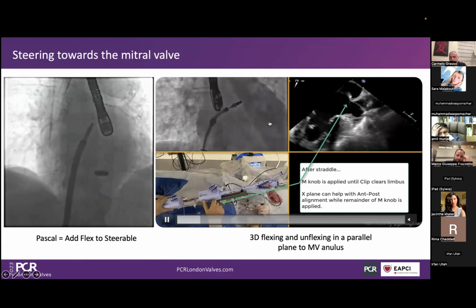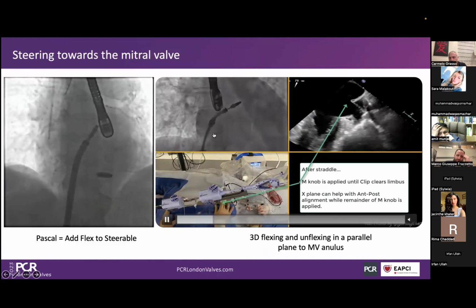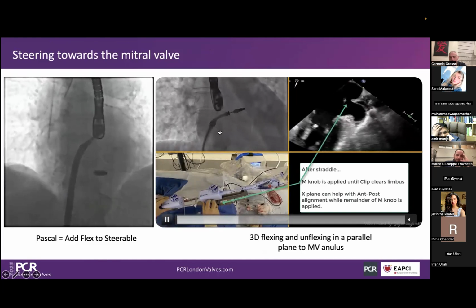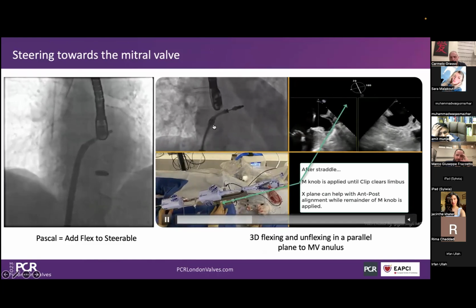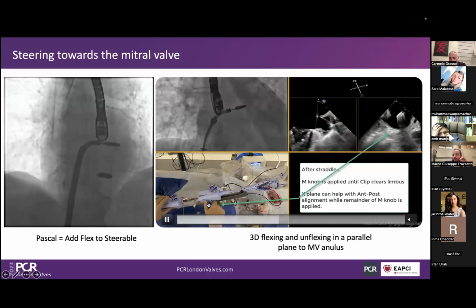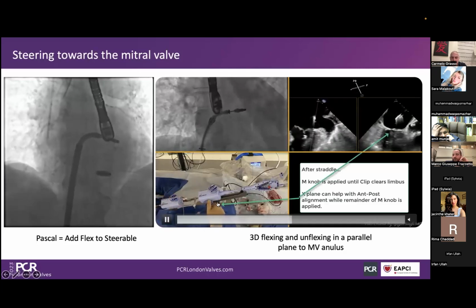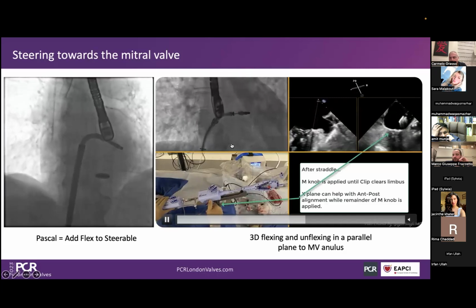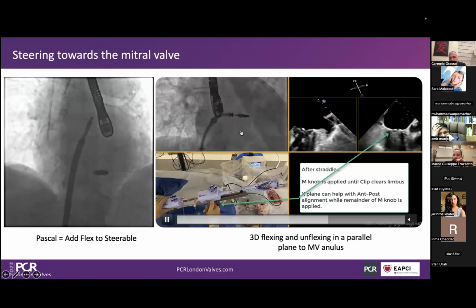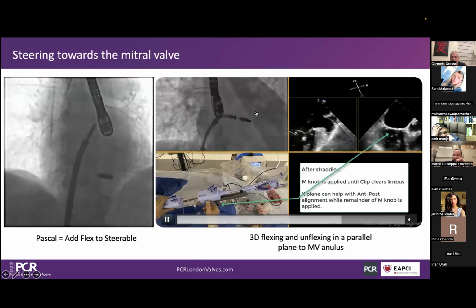A little bit different is the MitraClip. After we straddle the clip, so after we put the two markers in between the tip of the catheter, we apply the M knob in the MitraClip device, having some more room by applying some posterior to gain some height.